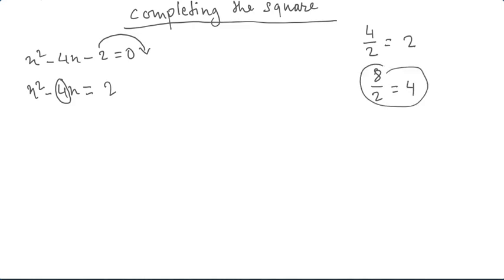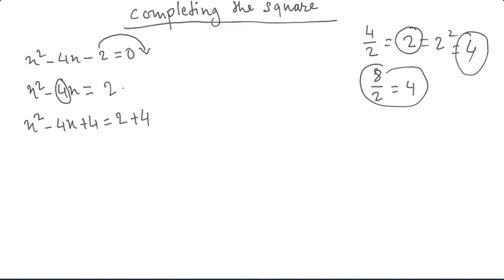But anyway, here there is 4, so just divide by 2, we get 2, right? And again we have to square this 2. When we square this 2, we get 4. So we have to add this to both sides in the next step. Here x squared minus 4x plus 4 is equal to 2 plus 4. Adding this 4 to both sides, right?